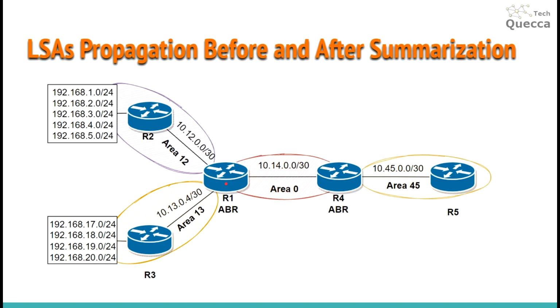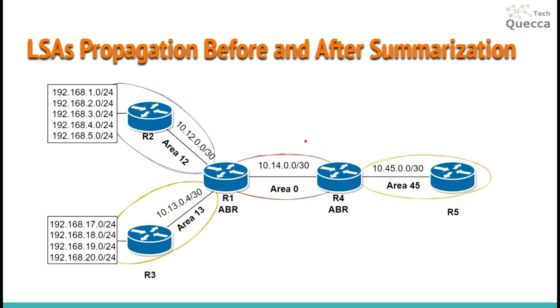Then ABR R1 will advertise 4 Type 3 LSAs for these 4 subnets. And then R4 will advertise them into area 45. And lastly, it will advertise 2 Type 3 LSAs for these 2 networks into area 0, and then ABR R4 will advertise 3 Type 3 LSAs for these 2 networks plus this one.